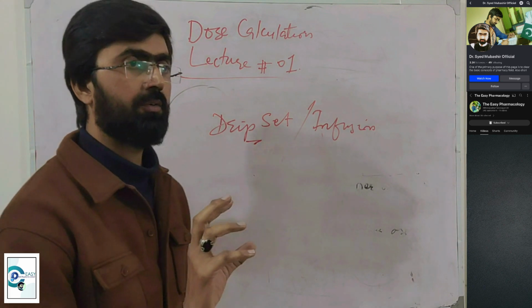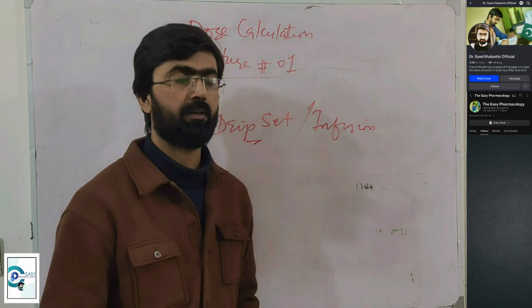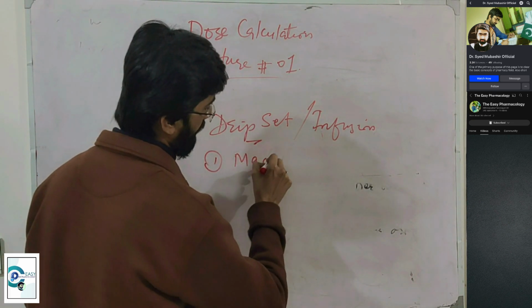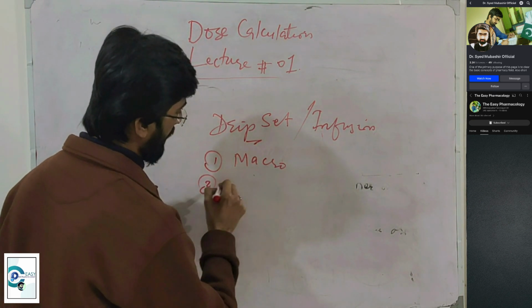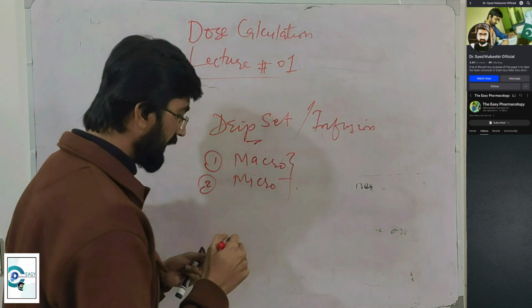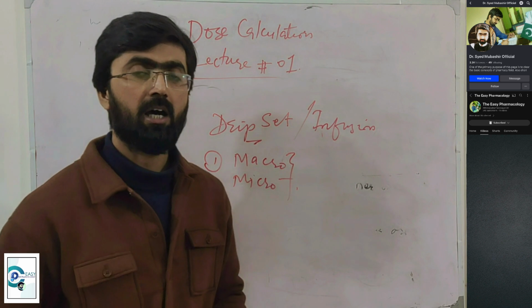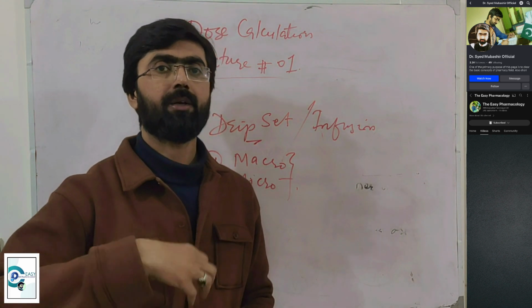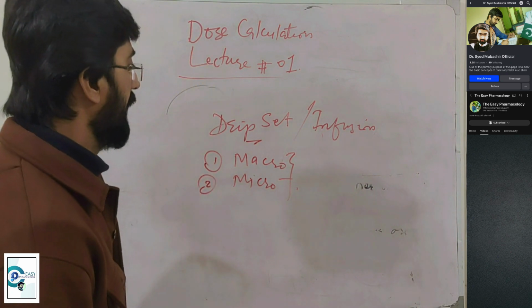Actually there are different types of drip set. Number one is macro, number two is micro. Now what is meant by macro drip set or macro tube? We also call it macro tube or micro tube. What does it mean?